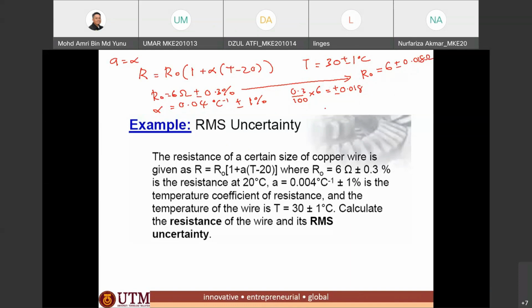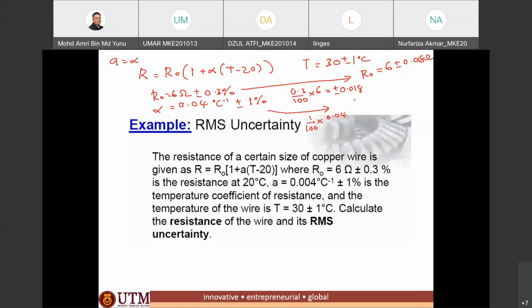So alpha, okay, this is in percentage, we need to convert to absolute. So 1% multiply with the nominal value.